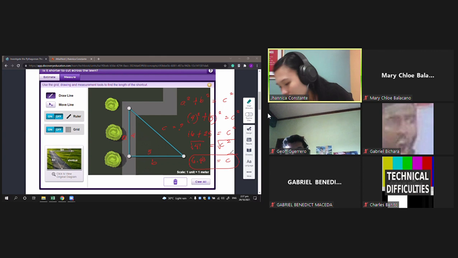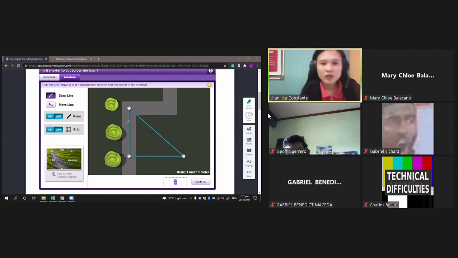So if one leg of our right triangle is missing, let's say side A is the one that we're going to solve, the formula that we're going to use is A squared equals C squared minus B squared.